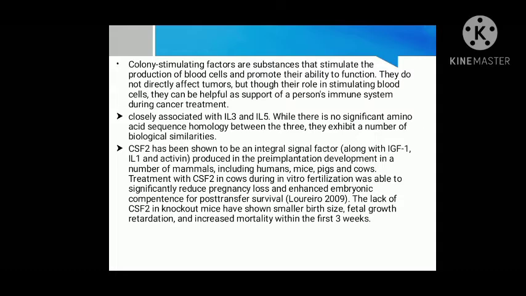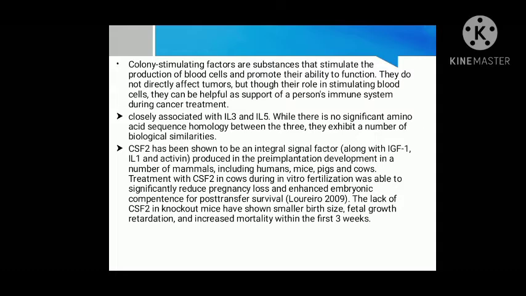In interleukin 3, hematopoietic precursor proliferation and differentiation; in interleukin 5, eosinophil proliferation, B cell proliferation, and differentiation. While there is no significant amino acid sequence homology between the three, they exhibit a number of biological similarities.